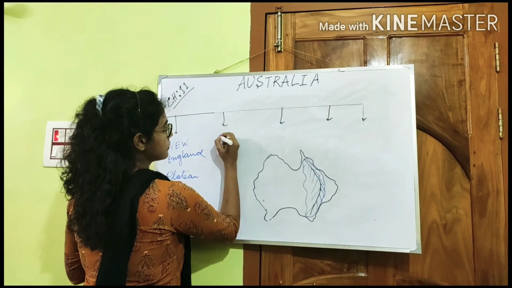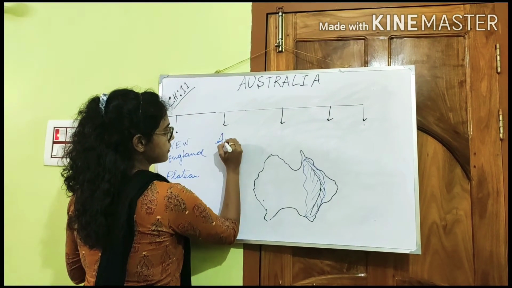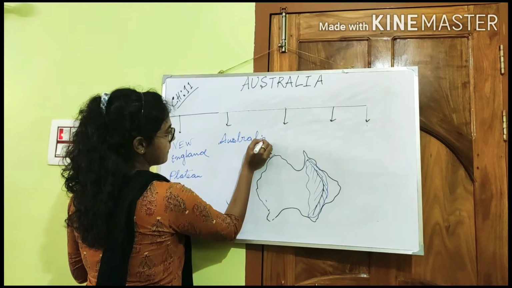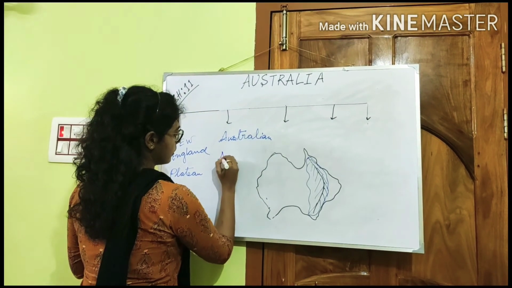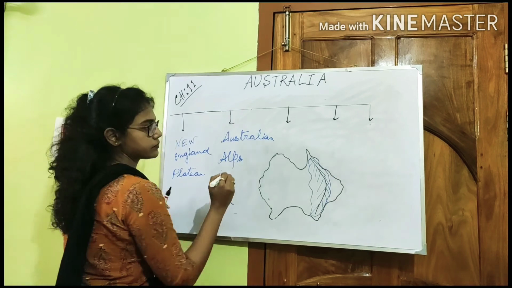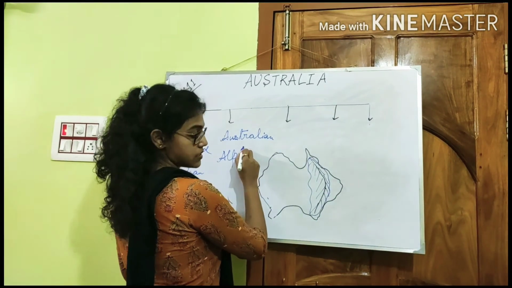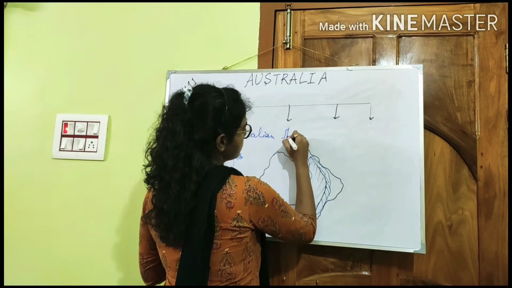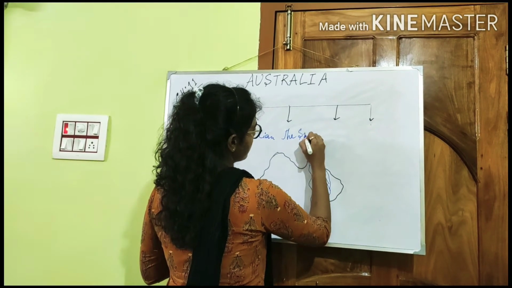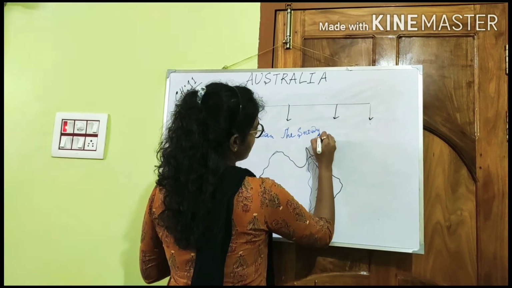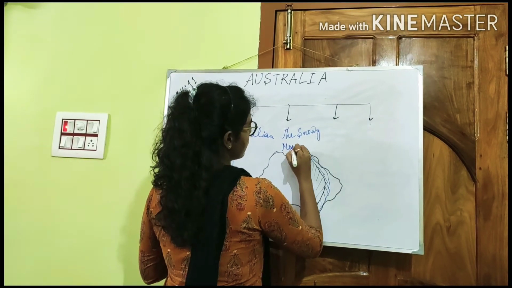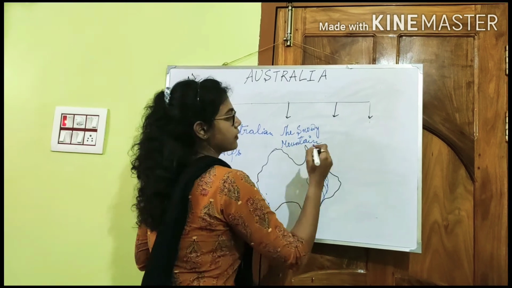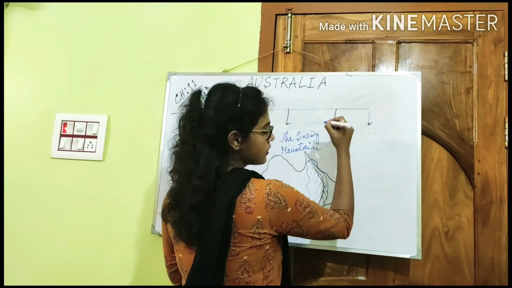next is the Australian Alps, these are mountain ranges, the Snowy Mountain, this is also a range.